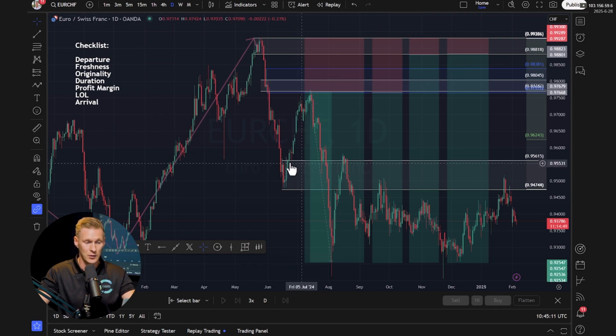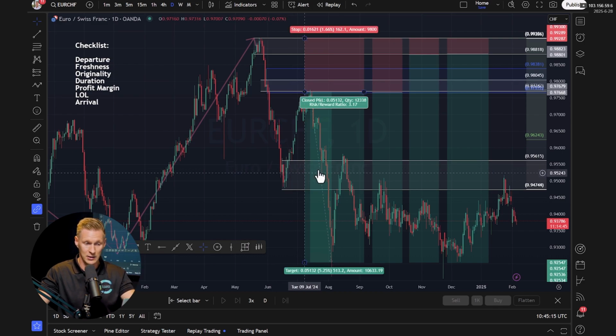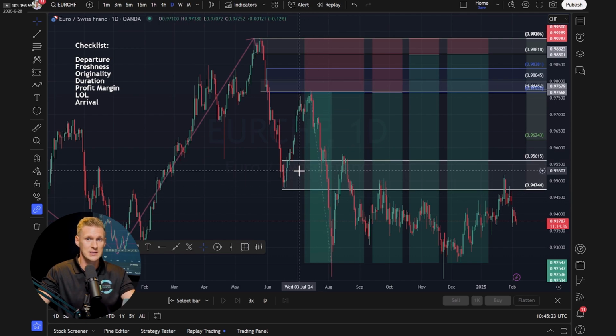Here, this one represents also our higher time frame demand zone. And look what happened. It was just a reaction, right? It was just a reaction, and then we violated the demand zone on the higher time frame. Here, it's a nice example that if you follow the trend, it's definitely better.